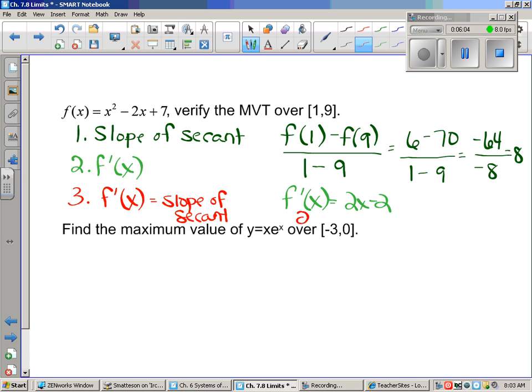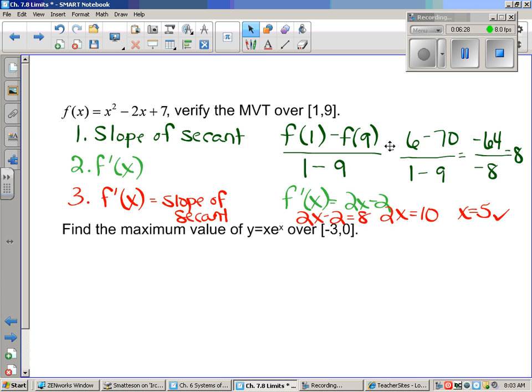So I'm going to take 2x minus 2 and set that equal to 8. You add the 2 and you get 2x equals 10. Divide by 2, you get x equals 5. And so you want to check: does 5 fall within that interval? And of course it does. So check, it does in fact verify it.